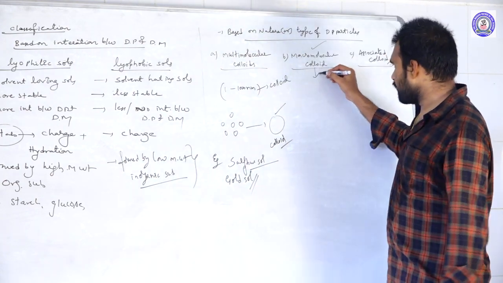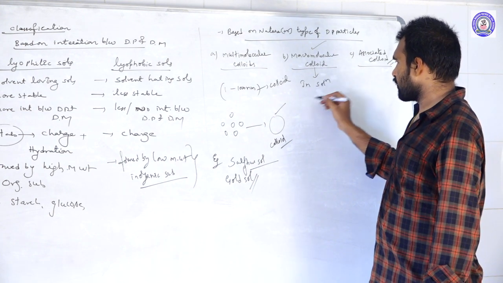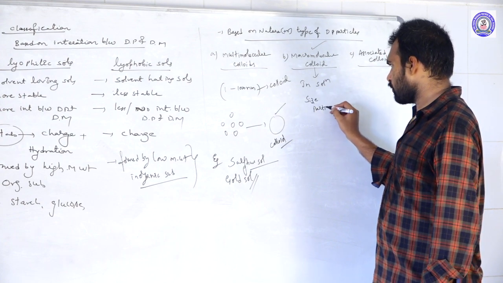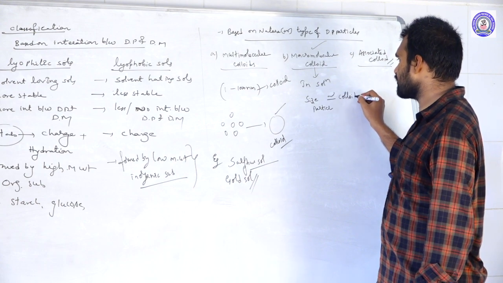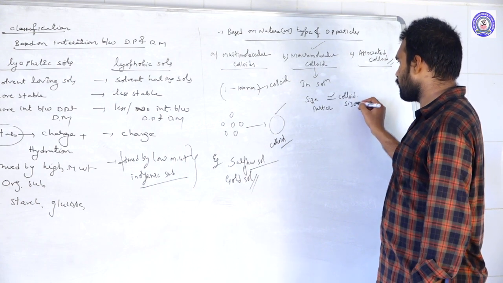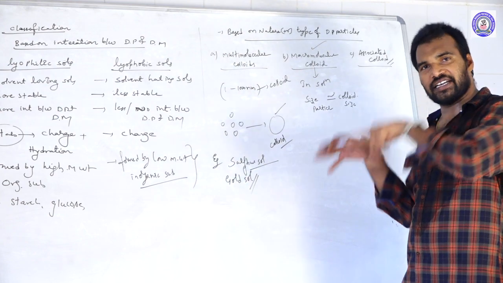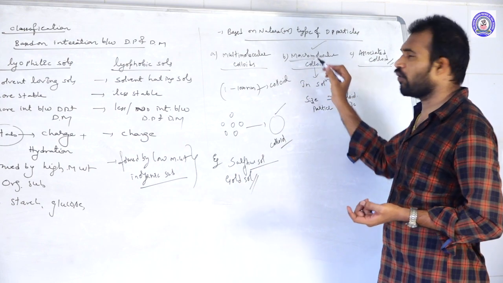When we prepare the solutions, the size of particles is in the range of colloidal size. One single molecule is enough, and the single molecule is already in the range of colloidal size. So that is a macromolecular colloid.